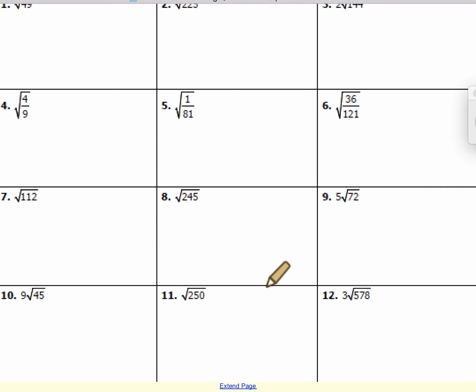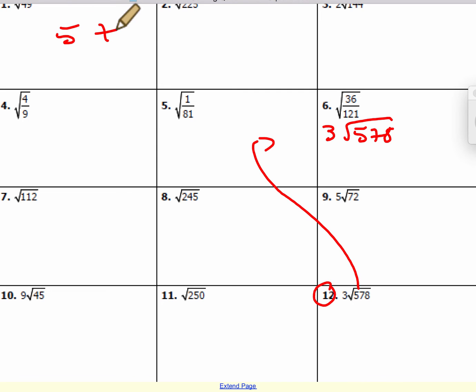Okay, and then let's just do one more. We'll do number 12. It says 3 times the square root of 578. So I'm going to take 578 and break it down by factoring it. It's such a big number that the only thing I know about it is it's even. So I'm going to say it's 2 times what?